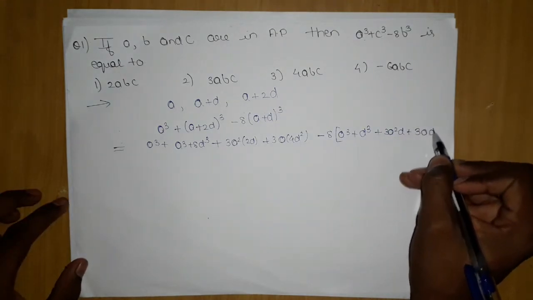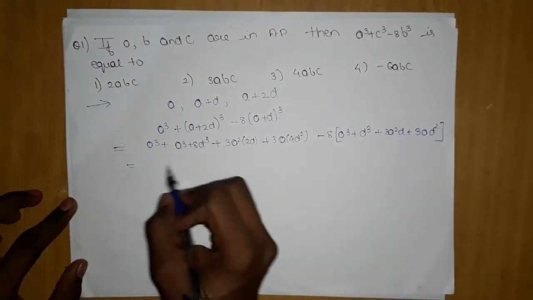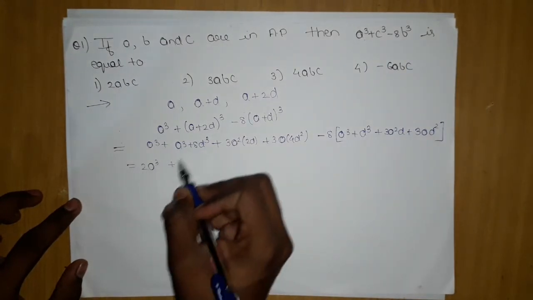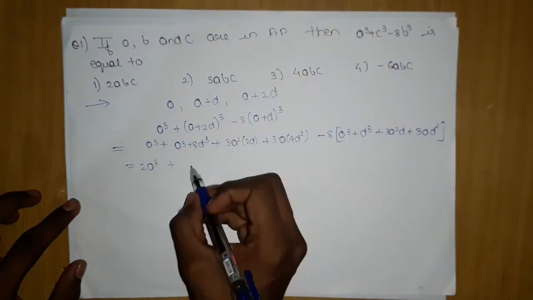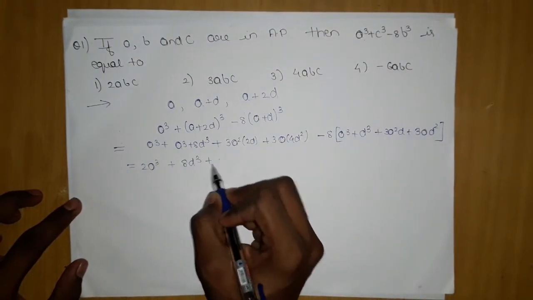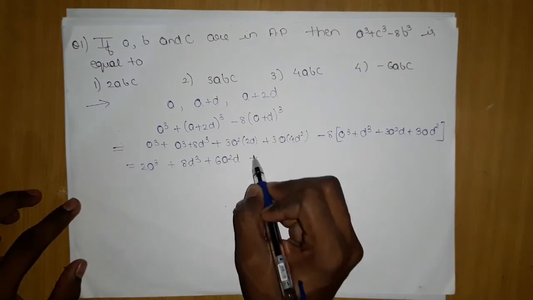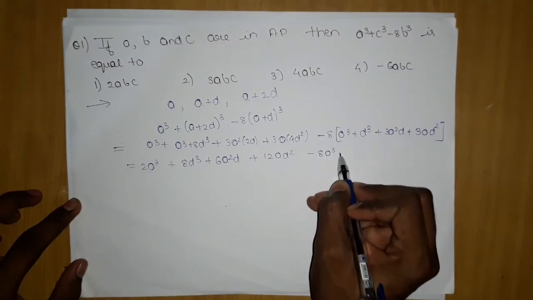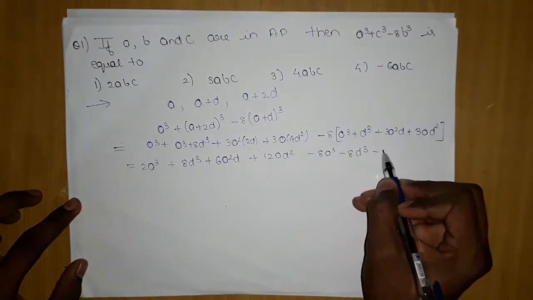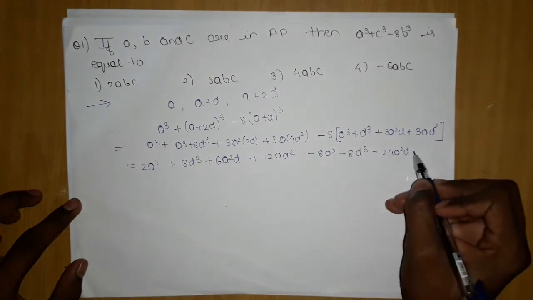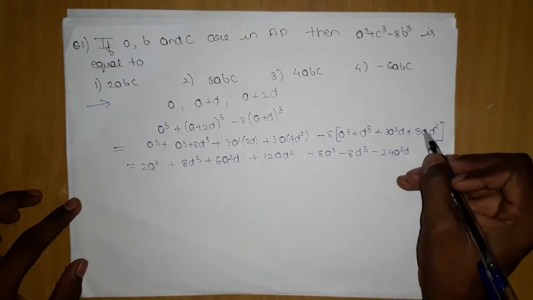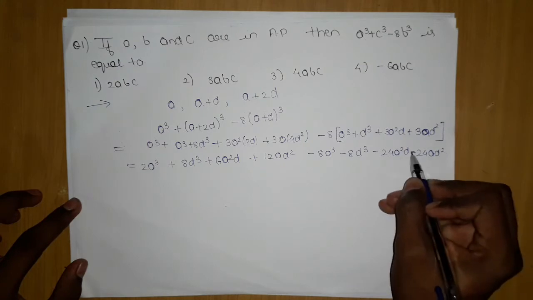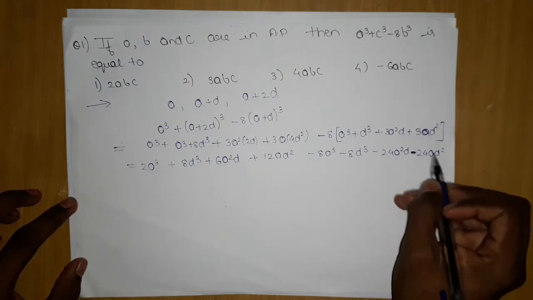After this step, a cube and a cube give 2a cube, and there is 8d cube plus 6a square d plus 12ad square minus 8a cube minus 8d cube minus 24a square d minus 24ad square.